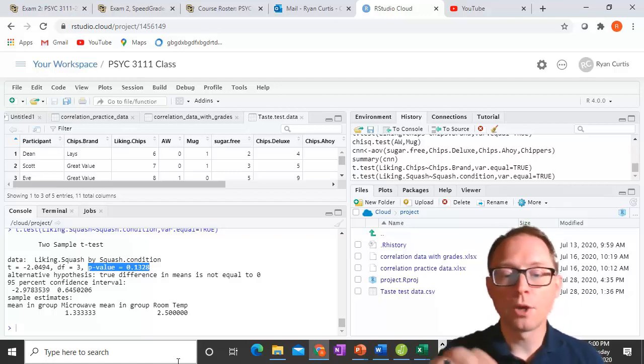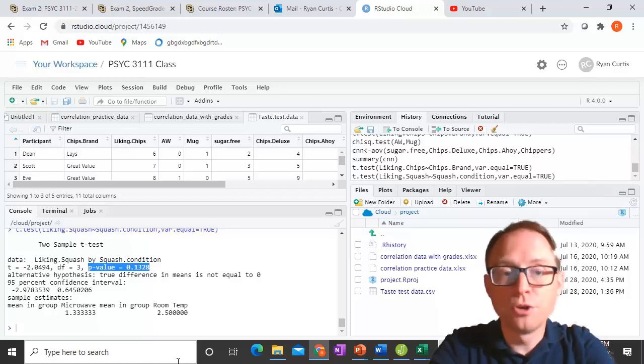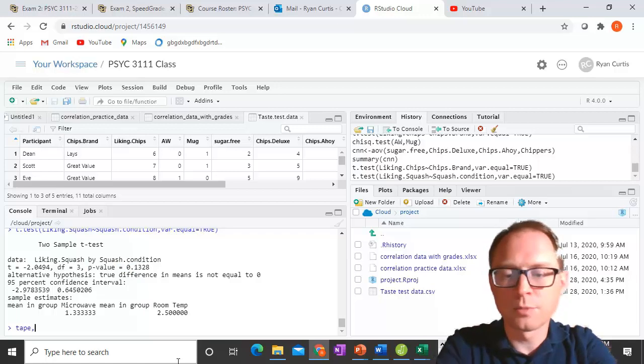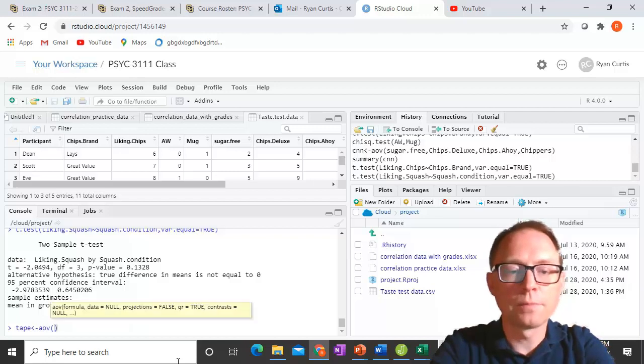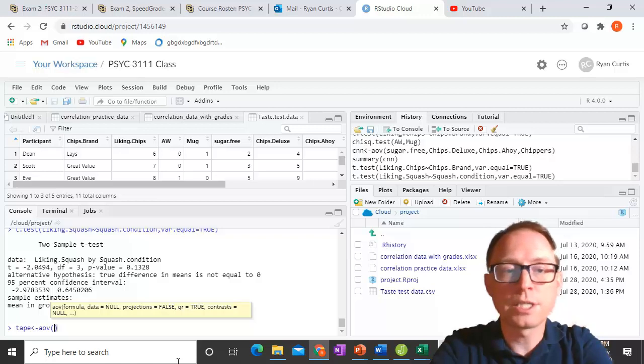In order to do this, you would have to create a new model, and you can name that model whatever you want, it doesn't matter. I'm going to name mine tape because there's a roll of duct tape right next to me. And I'm going to tell R that tape is going to be an ANOVA, AOV, analysis of variance. In this particular case, I don't have anything with more than 2 levels, so normally I would run a t-test, but I can run basically the same thing as an analysis of variance.